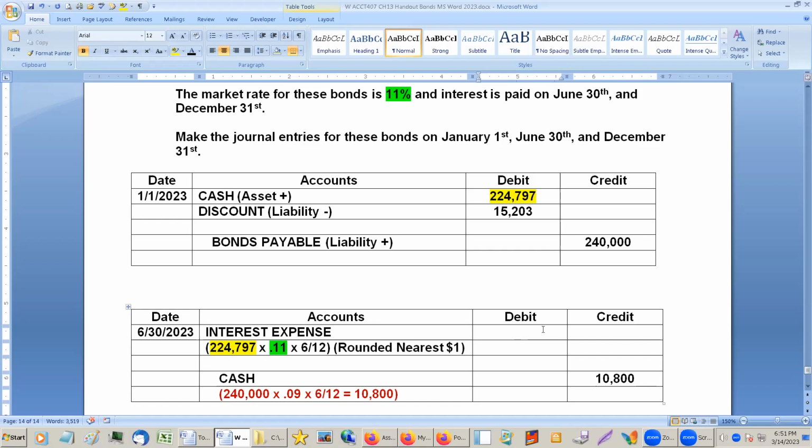So 12,364. And again, if you want to keep the pennies, you can. There's nothing wrong with it.